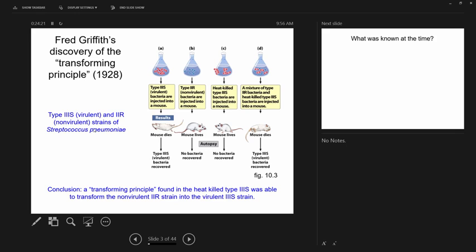So you're mixing type 2R that's alive, type 3S that's dead, put them into the mouse, and somehow a transforming principle that he could not identify had allowed the type 2R strain to be transformed into the type 3S strain.